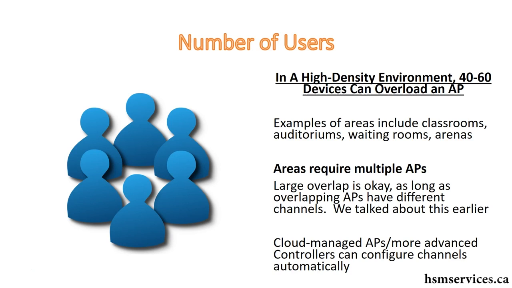And then, of course, you can use a much larger overlap. Just make sure to change the channel on each AP so that the overlapping access points have different channels. And you can also consider, if you've used a cloud managed access point or certain access point controllers, they can automatically configure the channels to avoid the interference.